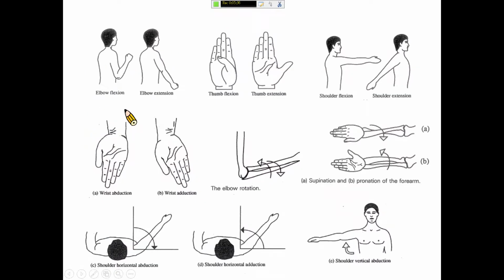So there's a figure here. This is the elbow flexion, no problem. This is the elbow extension because it's increasing that angle. If you are thinking of flexion and extension as movement, this is all right.